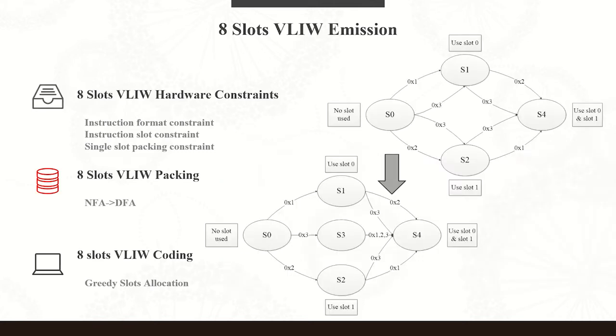I used the DFA to package the S.VLIW. The figure on the right shows an NFA of the 2-slot data transfer diagrams, which was converted to DFA through the algorithm of compilation principle.